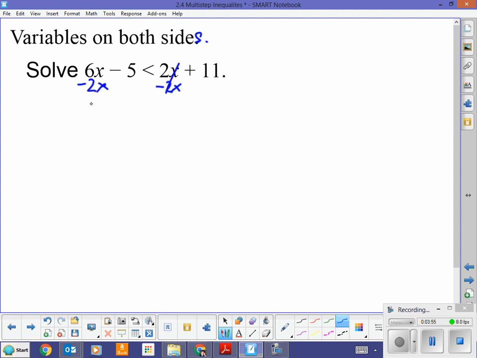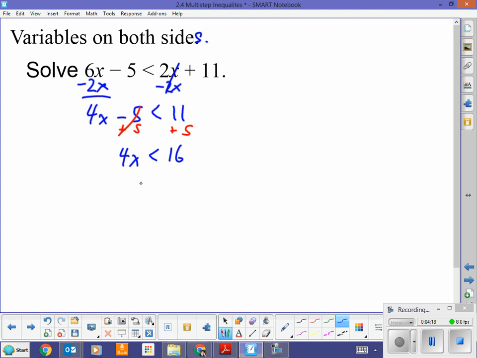So 2x minus 2x. That's going to leave me 4x minus 5 on the left is less than 11. And then I'm going to add 5 to both sides. Remember, I'm still trying to isolate that x variable. So that leaves me 4x is less than 11 plus 5, 16.